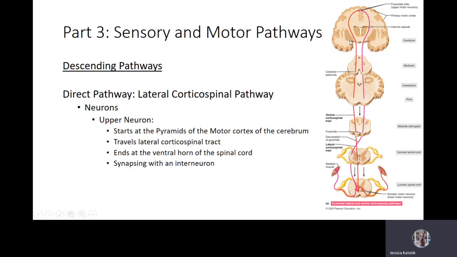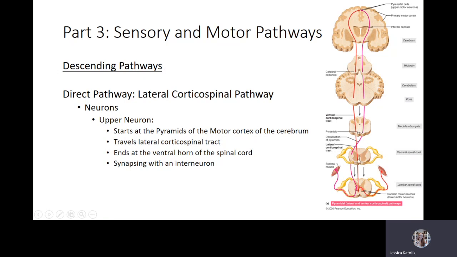What will happen is this upper motor neuron will travel down from the cerebrum and go through the midbrain, the pons, the medulla oblongata, and it will then cross over in the medulla oblongata at the decussation of the pyramids. So it will decussate over. And after it crosses over, it's going to go down the spinal cord through the lateral corticospinal tract.